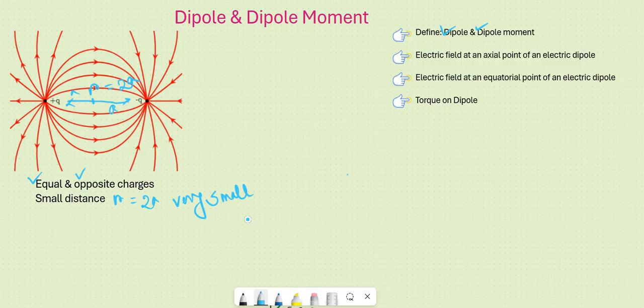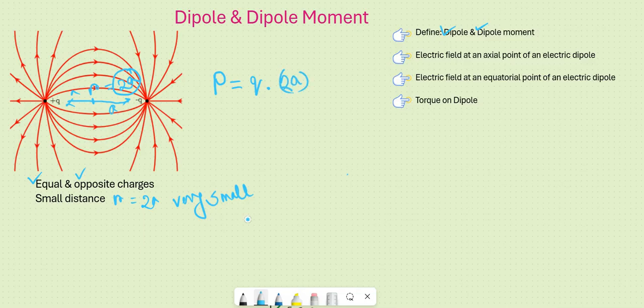As I said, the distance between these two charges is very small, and that distance is 2a, and either charge is q. So for the definition of dipole moment, let's start with the mathematical expression: either charge q times the distance 2a.